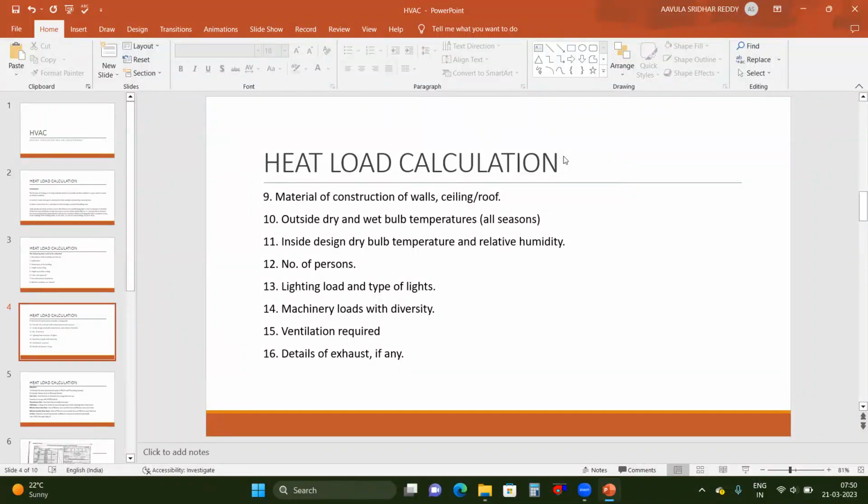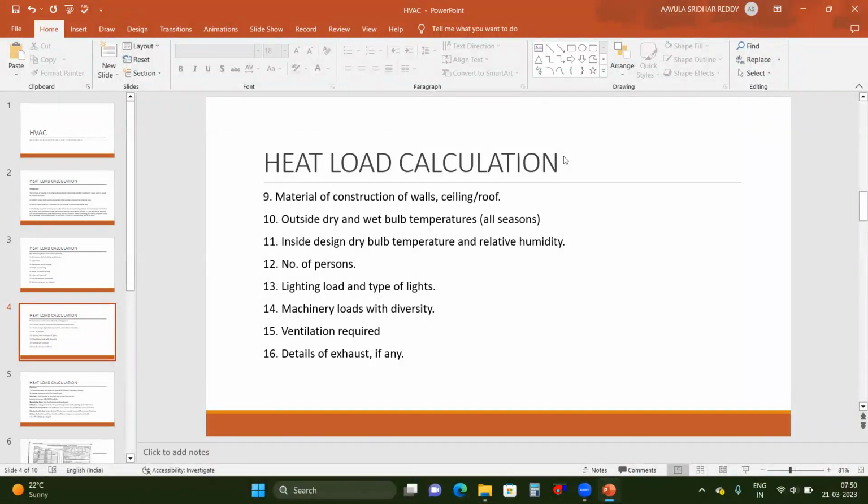Lights also will emit some heat inside the room, so we need to take the lighting load, and depending upon the type of light, the lighting load will vary. We are doing MEP totally, so you are going to design the lighting load also, otherwise you need to take it from the electrical person.